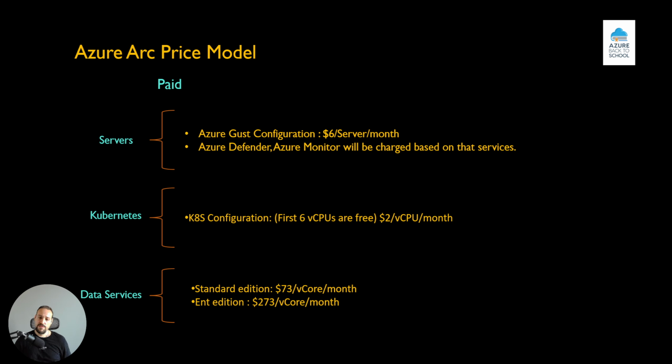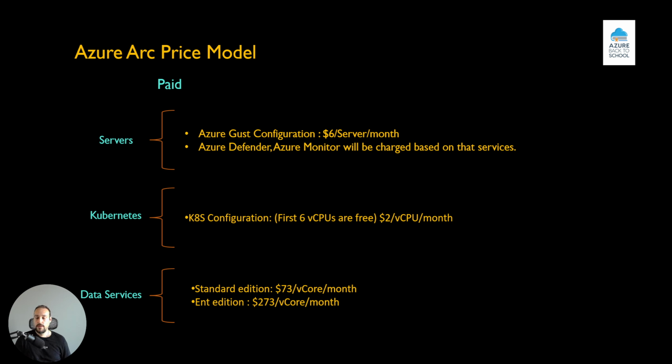So let's talk about where the charges come in. If you're looking to make the most of Azure Guest Configuration to handle updates and streamline patch management, that will be $6 per server per month. So basically update management, patch management, and if you want to use some automation for your environment, you have to consider this cost.